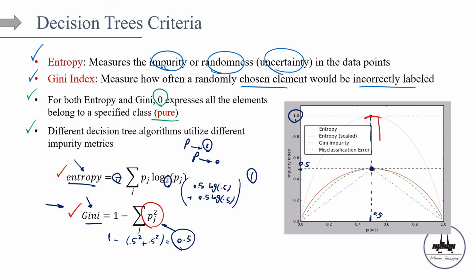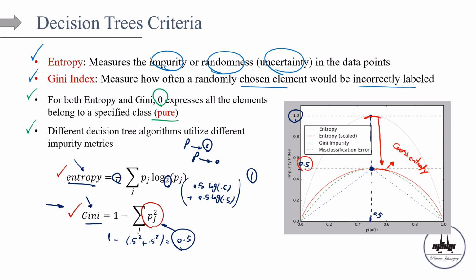If we transform the log to the natural log, we scale it from 1 to 0.5 for the maximum uncertainty. Now we can compare these impurity measures a lot more easily. By the way, we call this cross entropy. So I can compare cross entropy, Gini, and misclassification error a lot more easily.